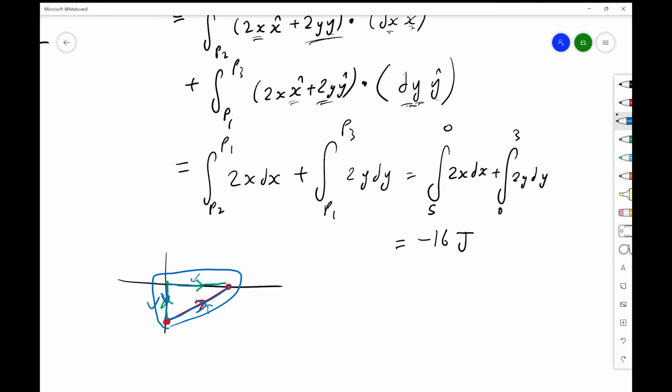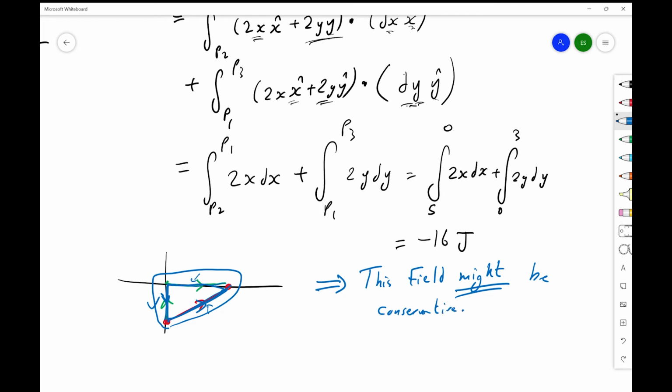So something plus its negative is going to give me 0. So for this field, the integration along this closed path is 0, right? But this is not enough to determine that the force field is conservative. It has to be 0 along any path. So the only thing we can say here is that this field might be conservative.